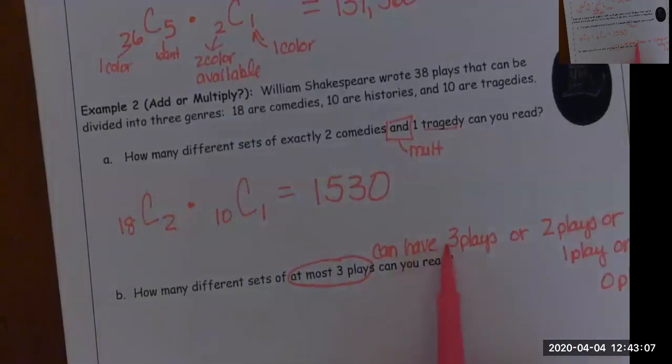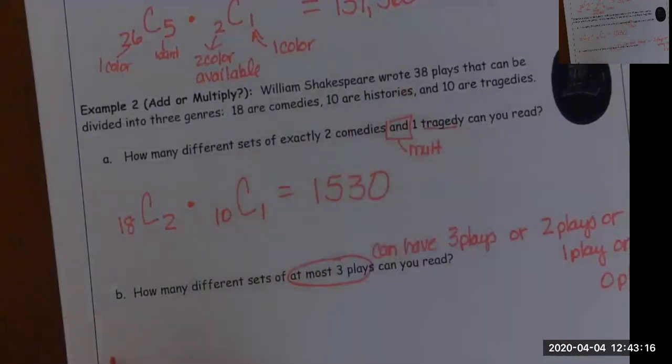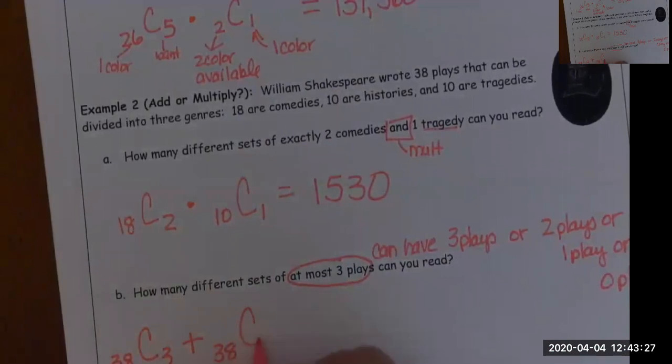So I could have this or this or this or this, and y'all know that the word or means to add. So 3 plays. Well, there's 38 plays altogether, and I'm going to pick 3. I could have 3. What if I only had 2 plays? Well, there's 38 plays available, and I'm going to choose 2. Or what if I choose to read 1 play?